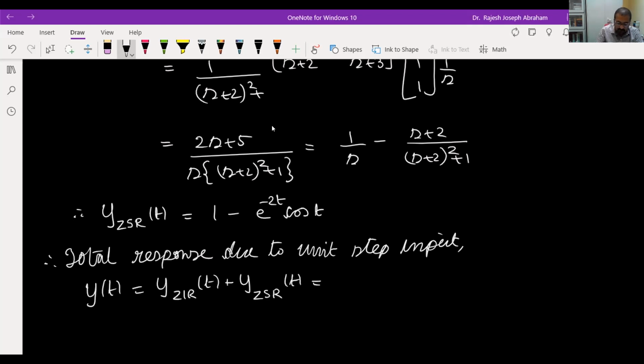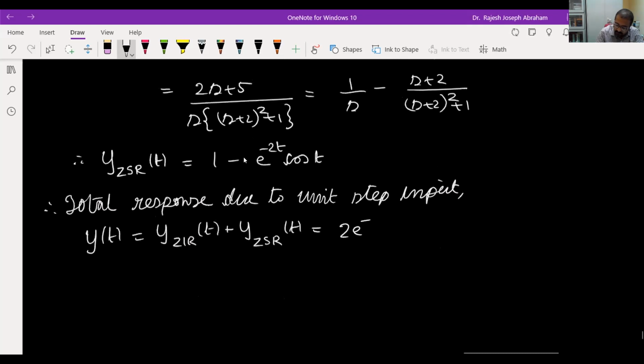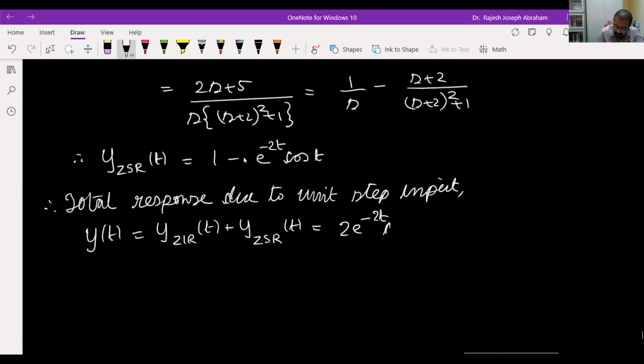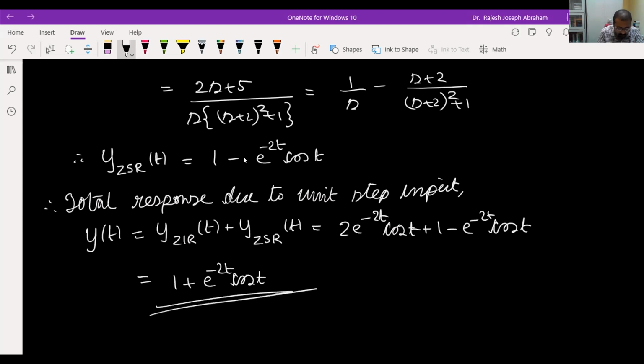That means y was what? 2 e raised to minus 2t cos t plus 1 minus e raised to minus 2t cos t. Okay, means what? 1 plus e raised to minus 2t cos t. Okay, so in this way you can find response due to any input.